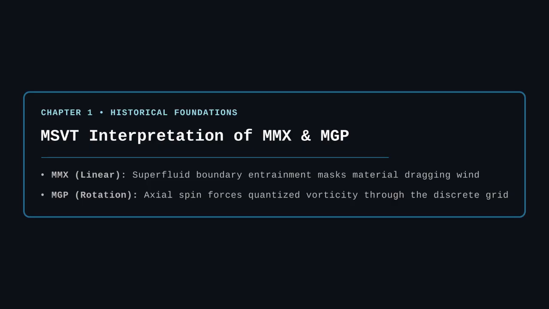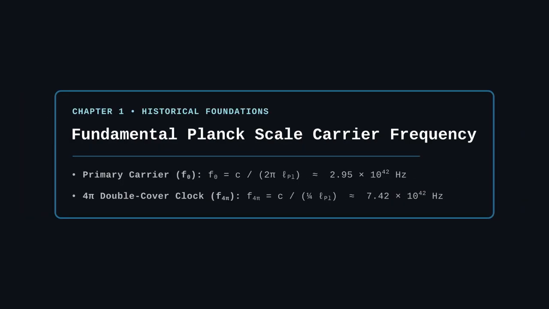Space is not an empty, abstract extension of coordinates, but an ultradense, non-baryonic quantum fluid substrate operating at a fundamental Planck scale carrier frequency, designated as F0, approximately equal to 2.95 times 10 to the power of 42 Hz.